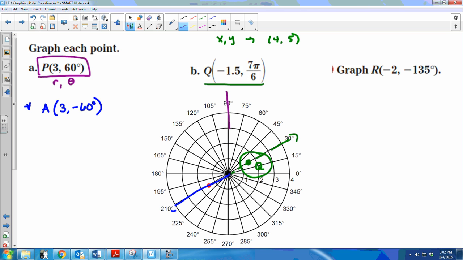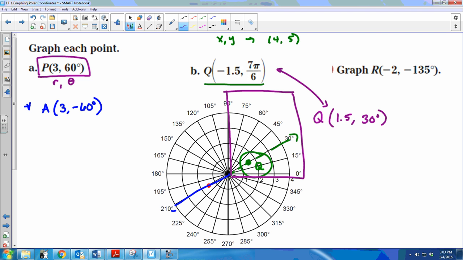So if you just focus right here on this section of the polar plane, if I told you to name point Q, tell me what R and theta were, you wouldn't tell me negative 1.5, 7 pi over 6. You would probably tell me 1.5, because the distance is still the same, and 30 degrees. These points are at the same place.